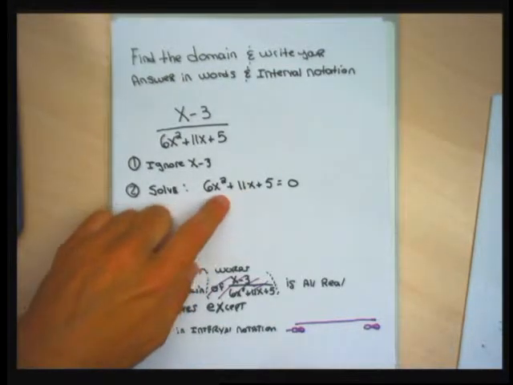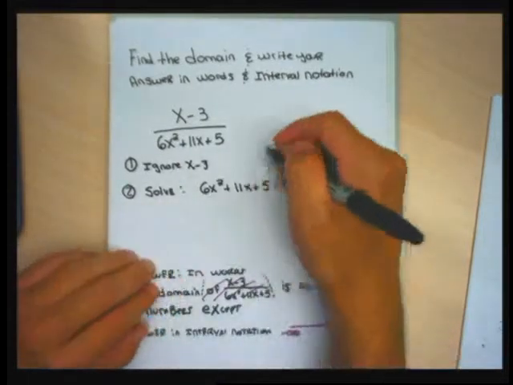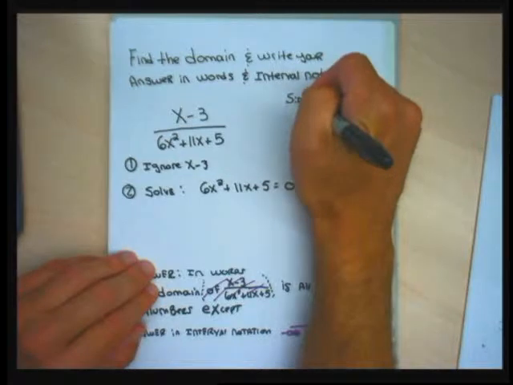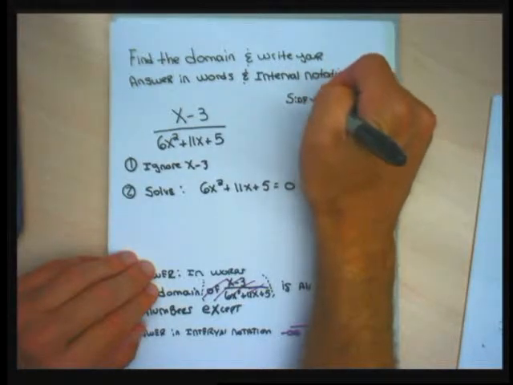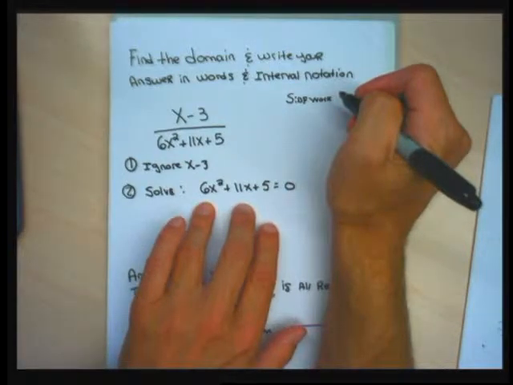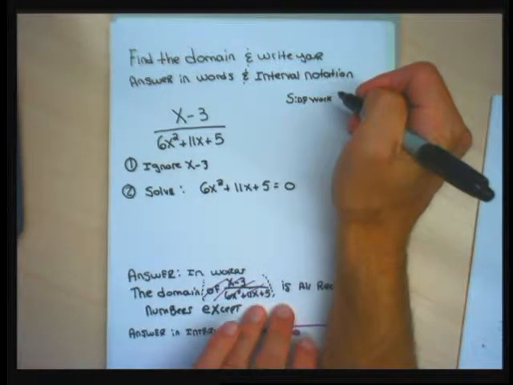So if you're rusty on your factoring, then you might need to go back to my section, I think it's 1.3, where I explain how to factor this. So I'm going to do this factoring off to the side. I'll call this side work. If you can factor 6x squared plus 11x plus 5, then you can get the numbers that need to be excluded from your domain easily.